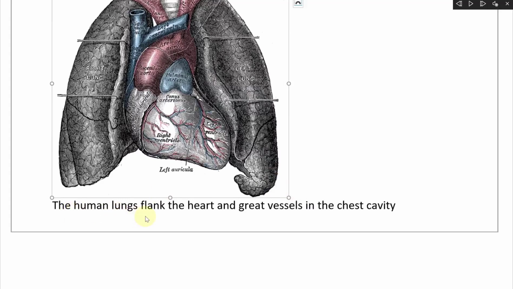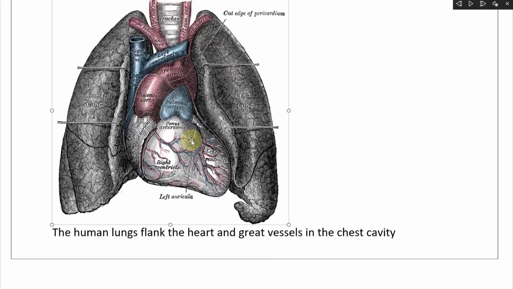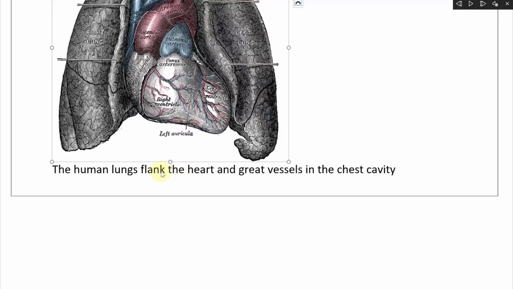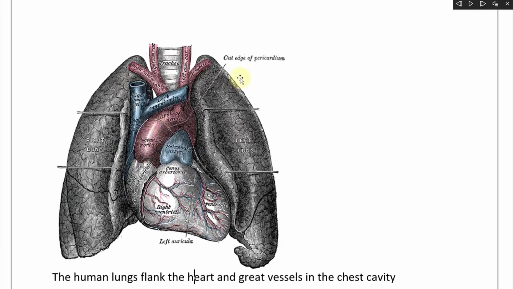Here is a setup of the human lungs and how they are positioned relative to the heart. The human lungs flank, or are on the sides of, the heart and great vessels in the chest cavity. Here's the left lung, there's the right lung, and there is the heart right there in the middle, but a bit more on the left side, the person's left.